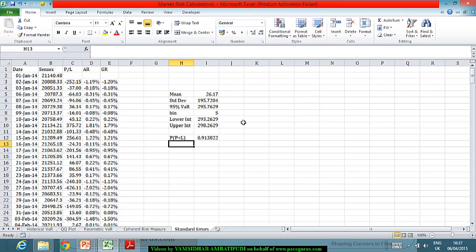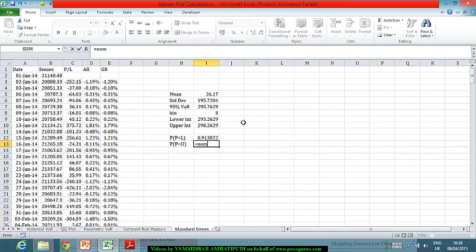So the probability that the P&L is lesser than L, the lower limit, is around 0.91. Similarly, I will also find the probability that it is greater than U based on the bin size.